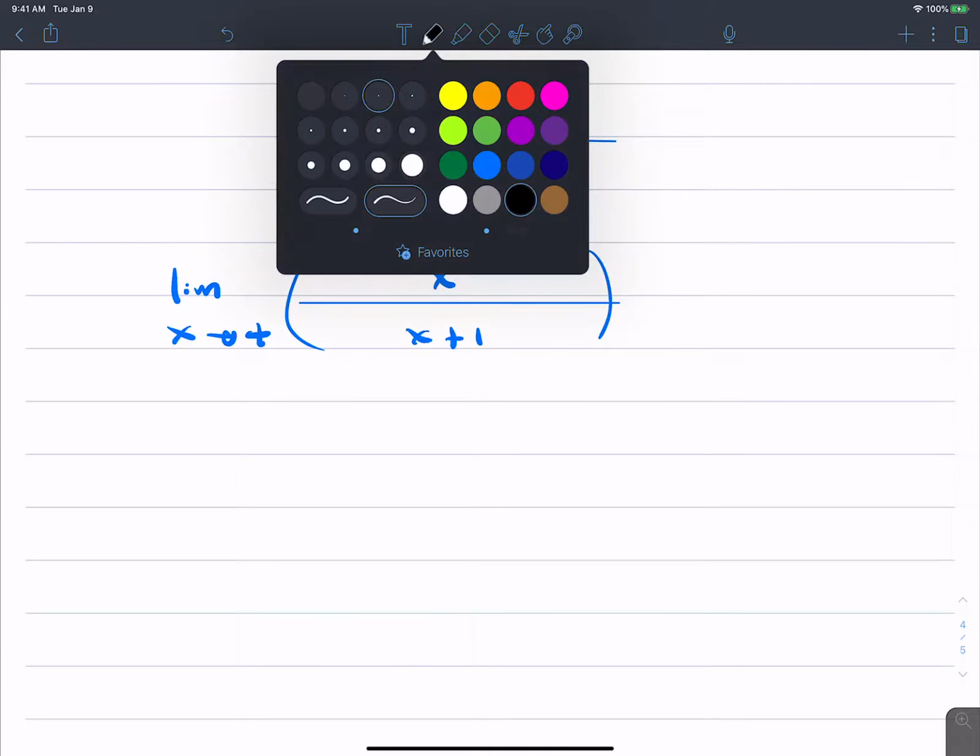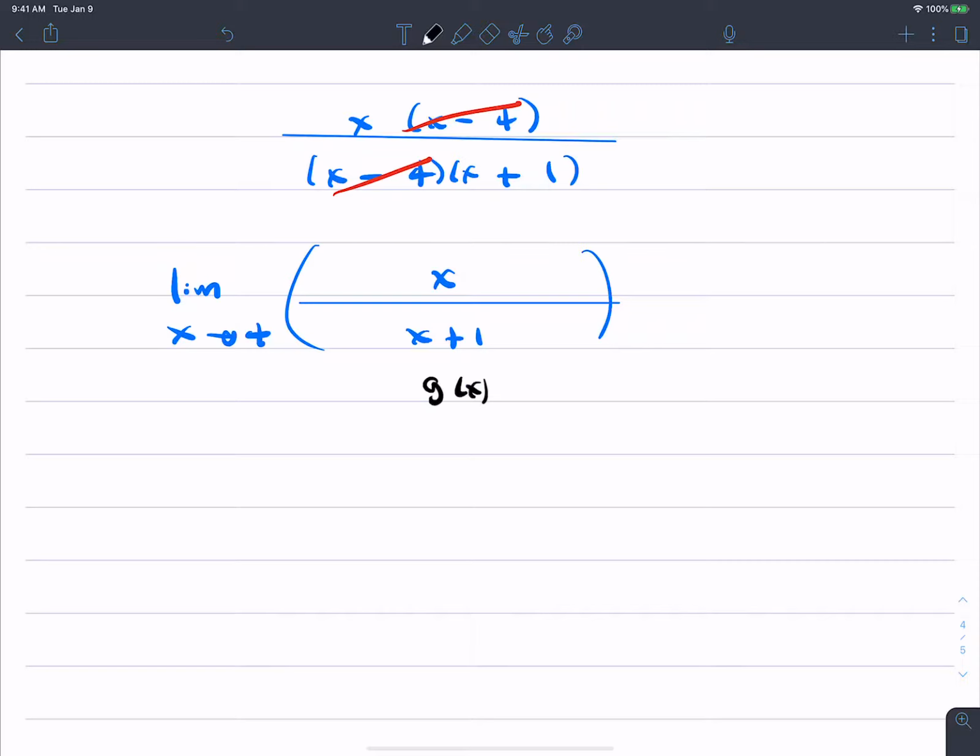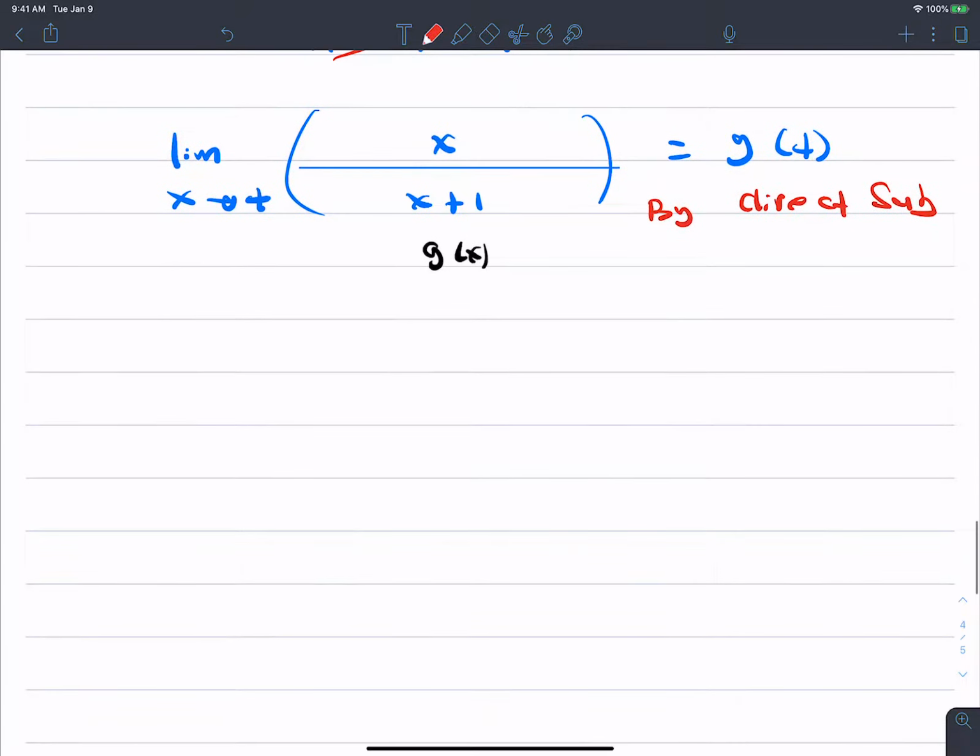And this is the g of x function, x over x plus 1, which means this is going to be equal to, now by direct sub, g of 4. So let's plug this in, and we get 4 over 4 plus 1, which is really 4/5.